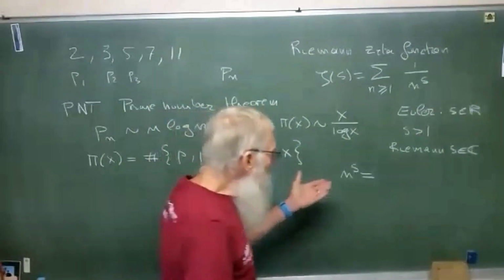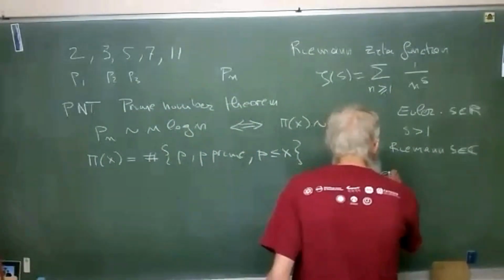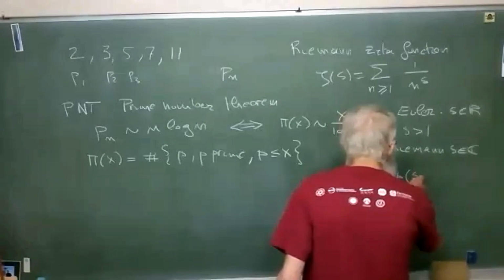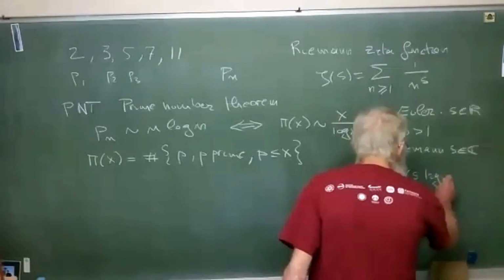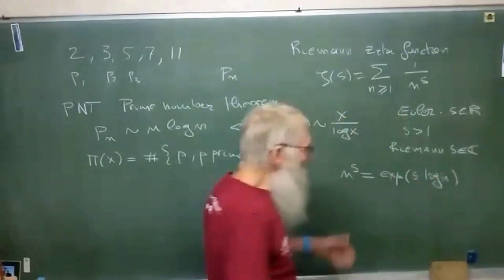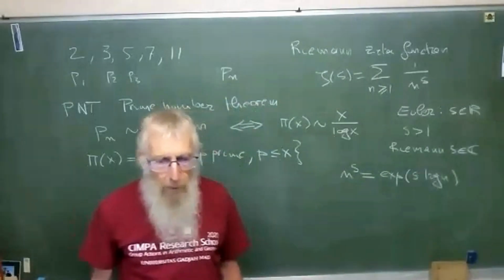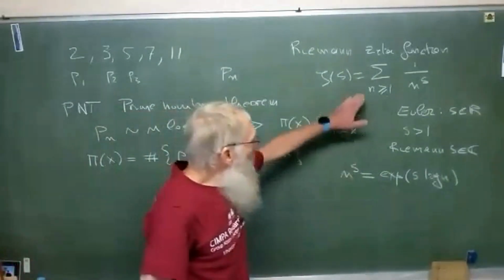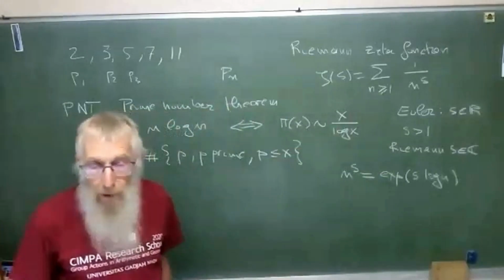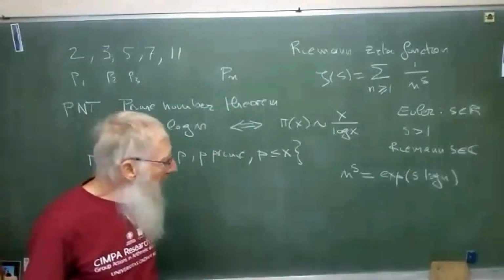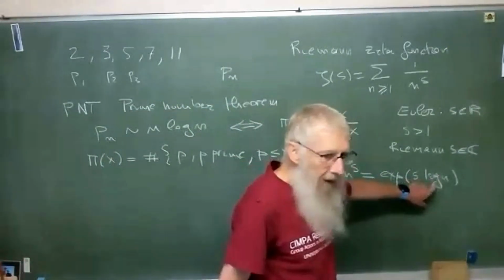And n to the s, by definition, is the exponential of s logarithm of n. And I will discuss a little bit more the logarithm, but here n is a positive real number, even an integer. And so this is the usual logarithm of n.